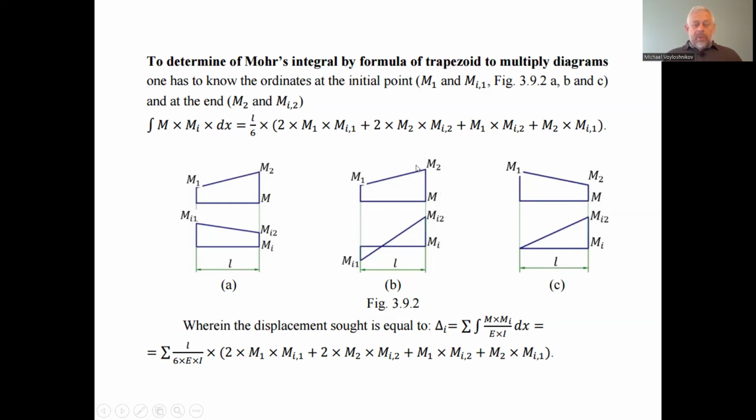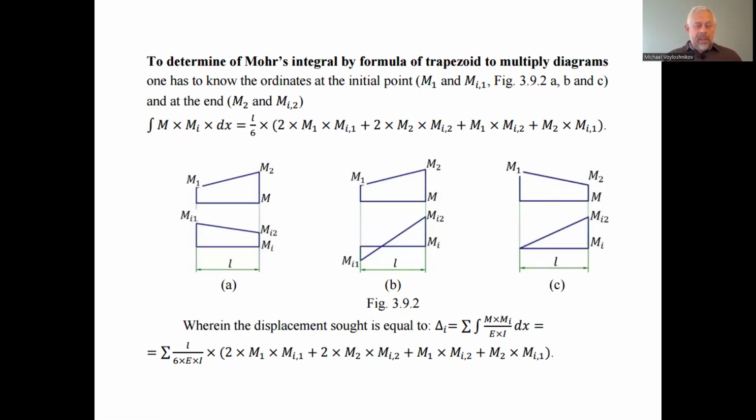And this is the formula of the trapezoid method to determine the integral of the product of two diagrams of the bending moment. One is the diagram of the external force bending moment acting on each element of the mechanical system.